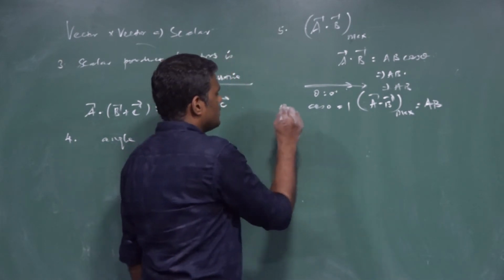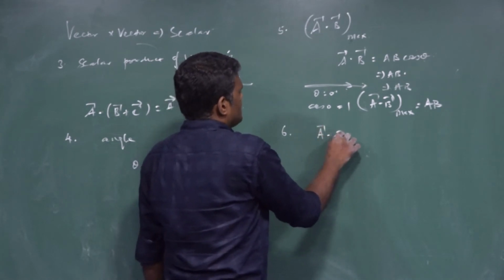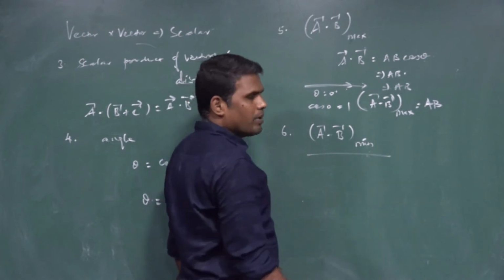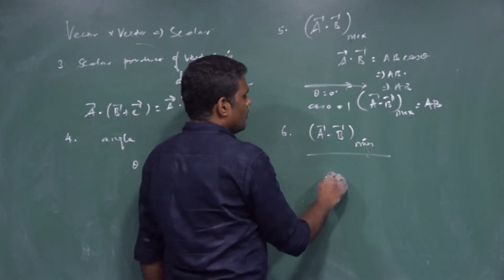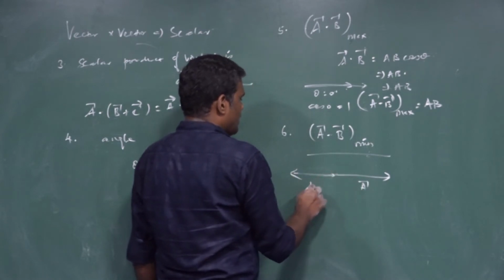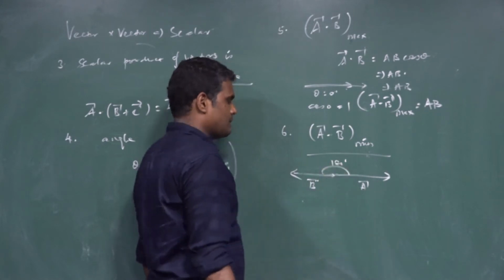Now, the sixth property: when do we say the dot product of the two vectors is minimum? The dot product of the two vectors is minimum when the two vectors, A vector and B vector, are acting by making an angle of 180 degree.